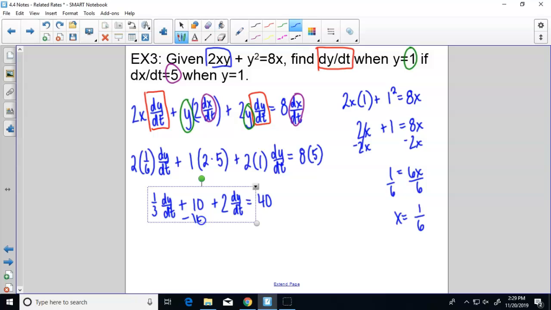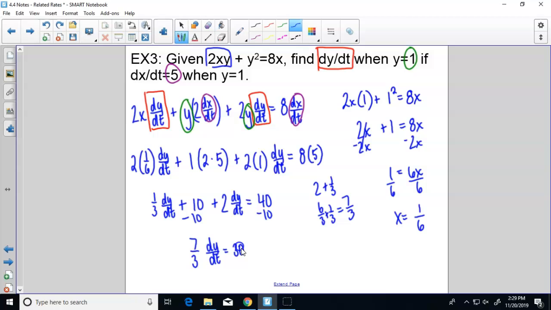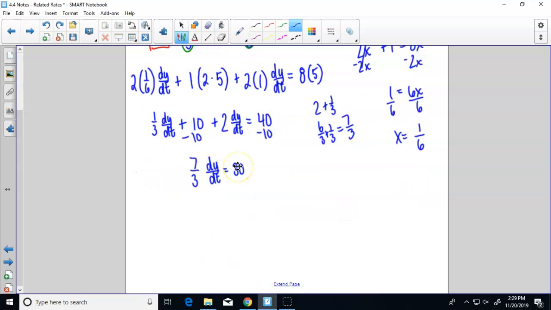I could subtract this 10 over here, and then at the same time I need to put my dy/dt's together. So 2 plus 1/3 is going to be 6/3 plus 1/3, which will give me 7/3. So I'll have 7/3 dy/dt equals 30. And then I need to divide by 7/3, and dividing fractions is easy as pie: flip the second and multiply.